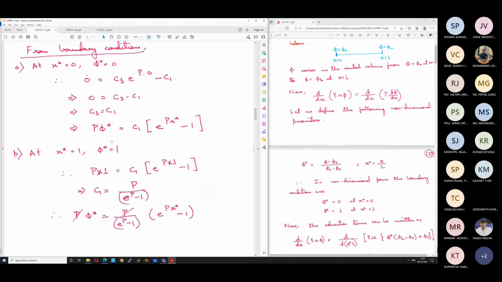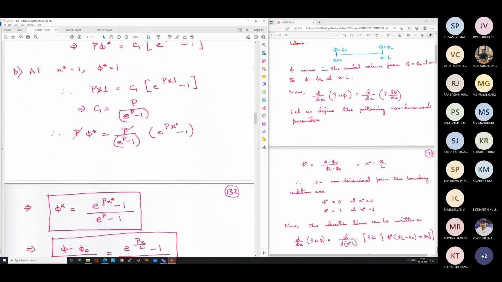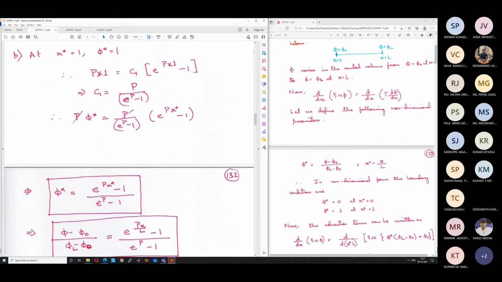So P into phi star is equal to P by e to the power P minus 1 into e to the power P x star minus 1. So P gets cancelled. Ultimately we are left with phi star is equal to e to the power P x star minus 1 by e to the power P minus 1. So this is the non-dimensional solution. This is the solution of the one-dimensional convection diffusion problem without source term and unsteady term.